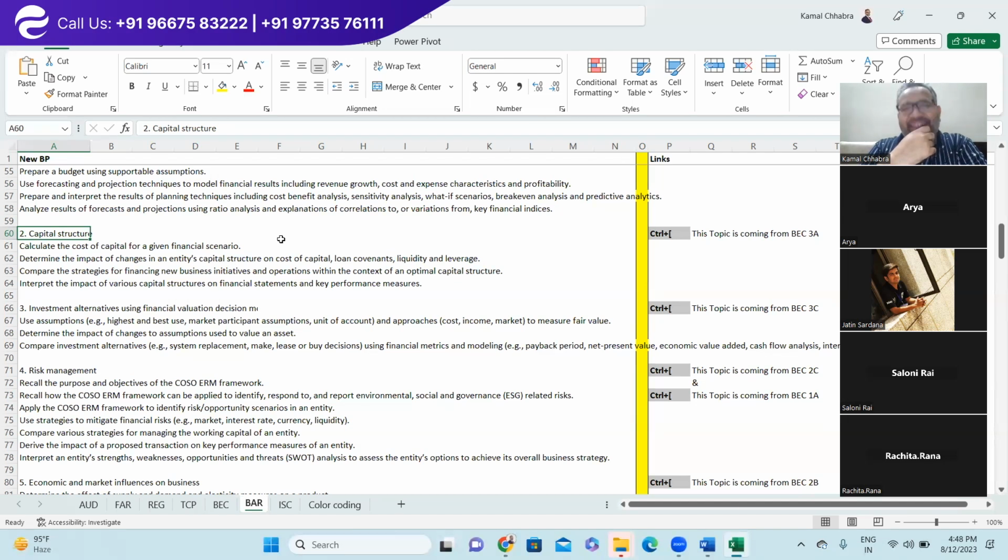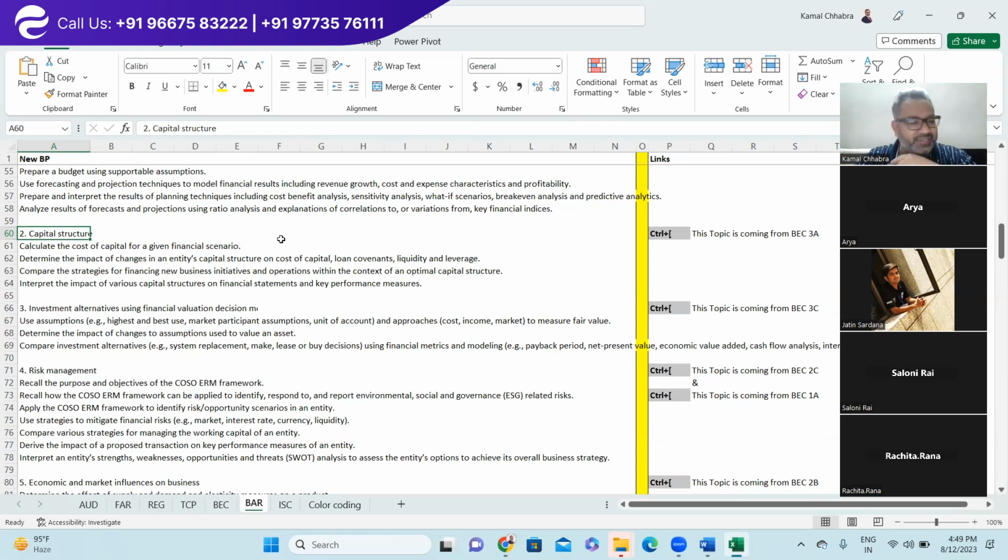Equity's younger brother, does not get voting rights. Anyone else would like to give an explanation? What is preference here? They are given preference at the time of payment over the debentures and other borrowings. No, they are given preference over equity, in the payment of dividend. Yes, but no voting.